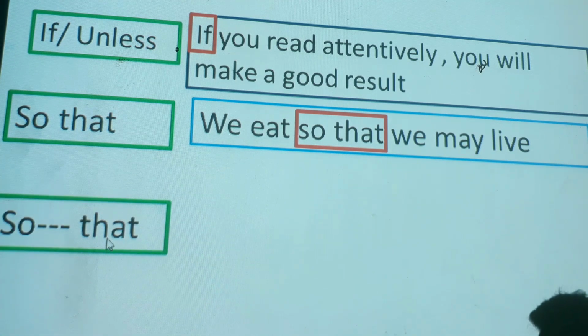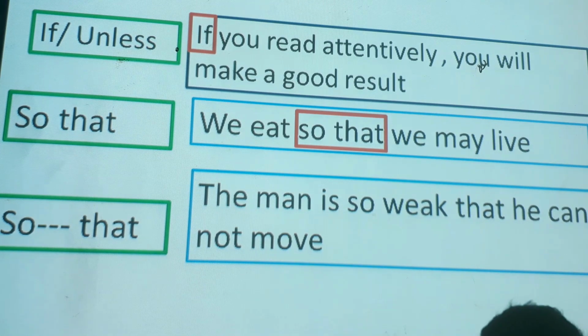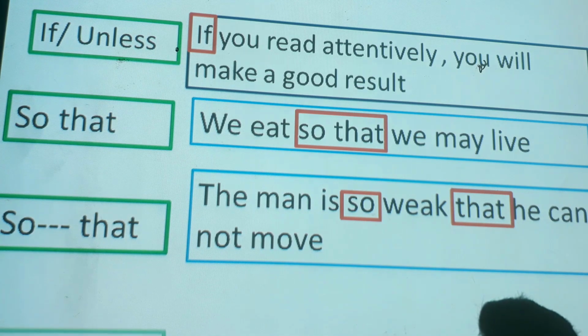Okay, when you will see in a sentence so dot dot that, then you will think the sentence is complex sentence. Read the sentence, the man is so weak that he cannot move. Okay, in this sentence we see so and that. Okay, the sentence is complex sentence.